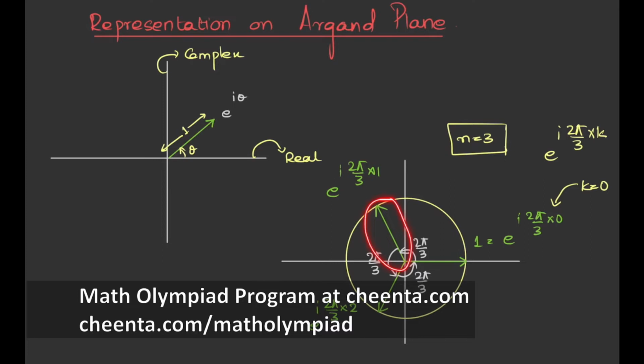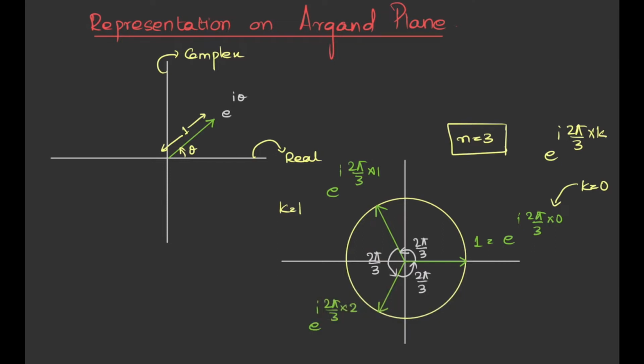And this vector is for k equals 1, that is e to the power i 2 pi by 3 times 1. And as you can notice, this angle is also 2 pi by 3. And the third and the last vector is e to the power i 2 pi by 3 times 2. And this is corresponding to k equals 2.